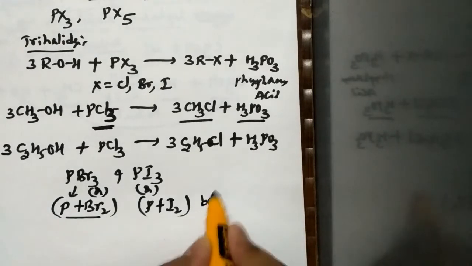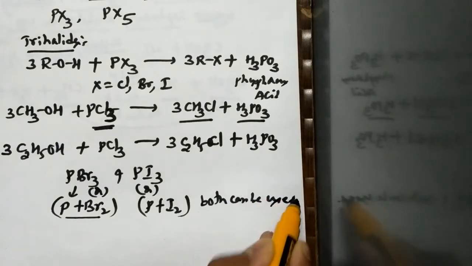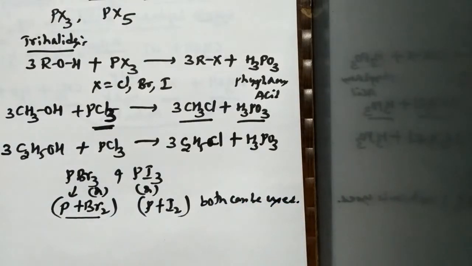So both can be used during the course of a chemical reaction. Either we can use PBr3 directly, or the combination of red phosphorus along with bromine, or else we can use PI3 directly, or the combination of red phosphorus along with iodine. This is the method of how a trihalide is involved in a chemical reaction.